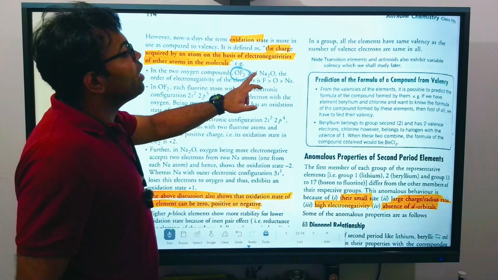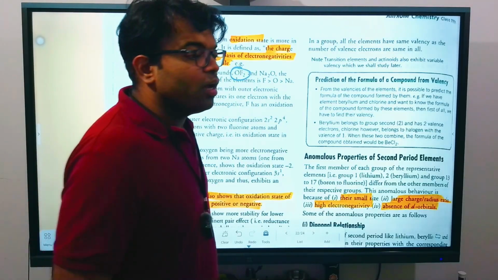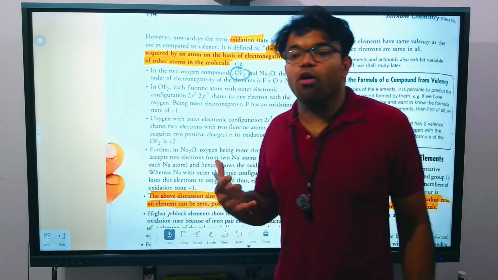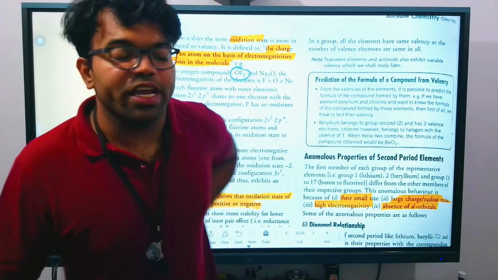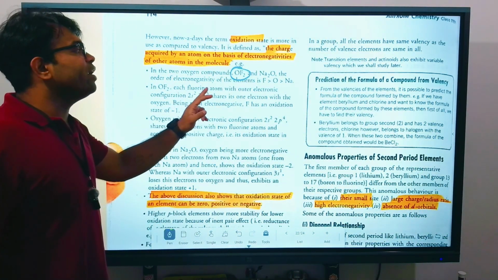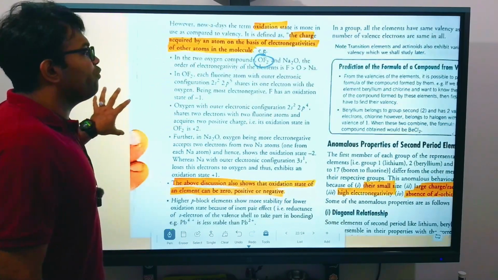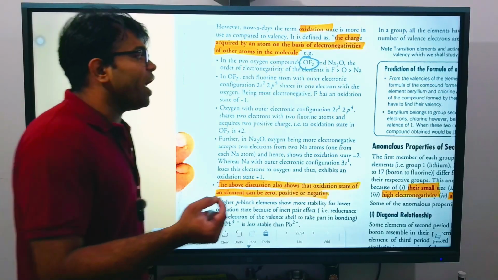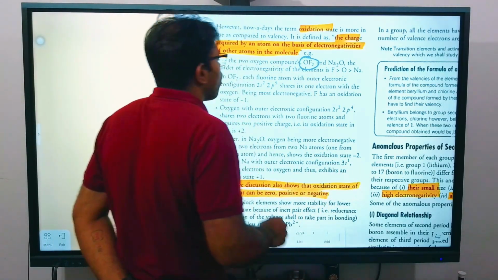In Na2O, two sodium atoms are required to compensate for the -2 oxidation state of oxygen. Now in OF2, each fluorine atom with an outer electronic configuration of 2s2 2p5 shares its one electron with oxygen.